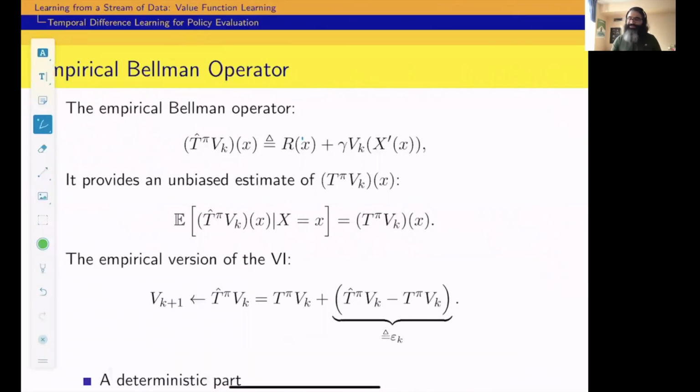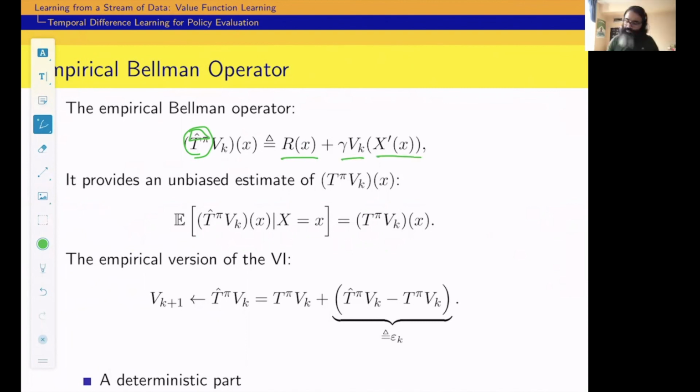Okay, so let's define a new notation. I call it the empirical Bellman operator. T hat pi of Vk would be the reward that we get at state X plus gamma times Vk at X prime.